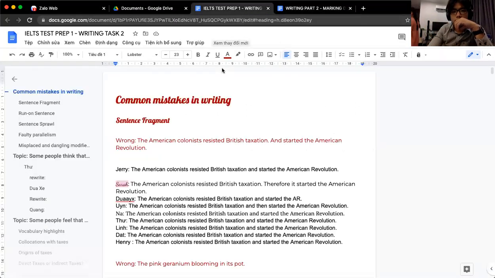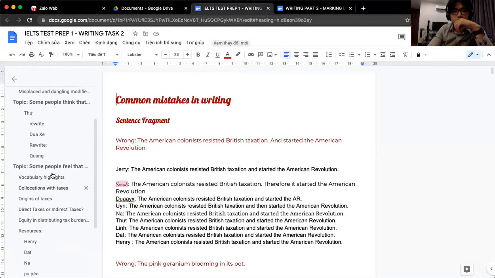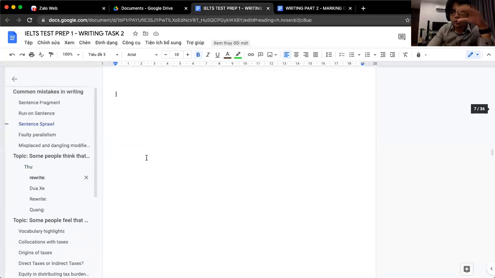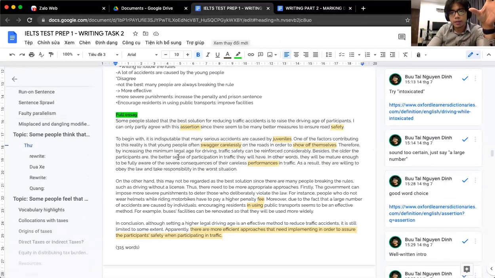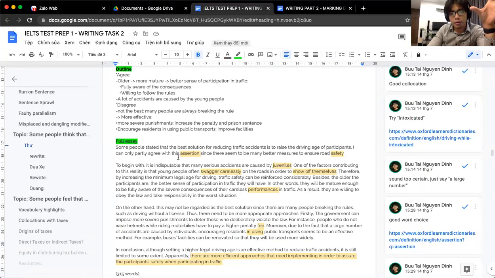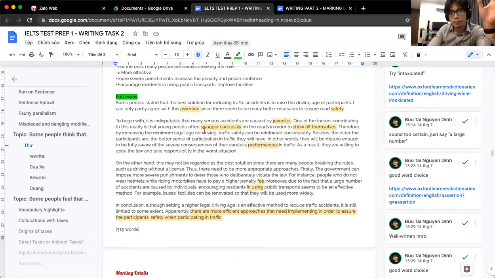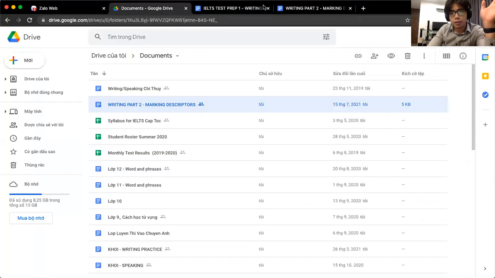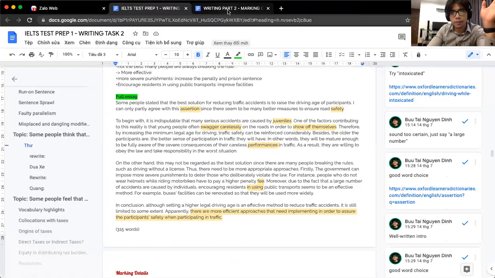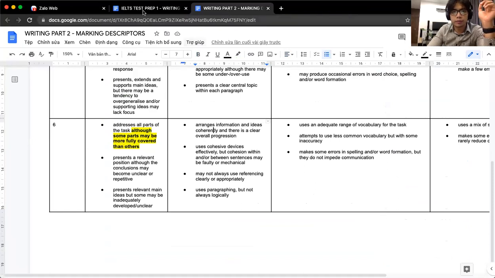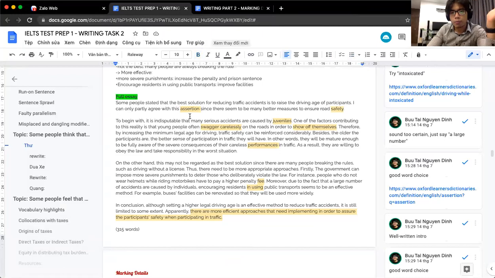Sometimes you write a very long body paragraph, and then the other one is just a very short one, a lot shorter than the other one. Then that is when you will have this problem, that one is more fully covered than others. So we don't want that. We want the body paragraphs to be of similar lengths. We don't want one paragraph that is a lot longer than the other one. That is a really bad thing to do.